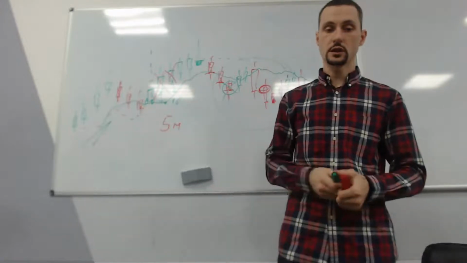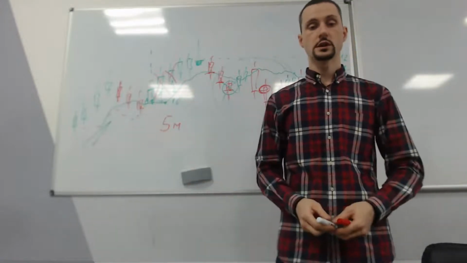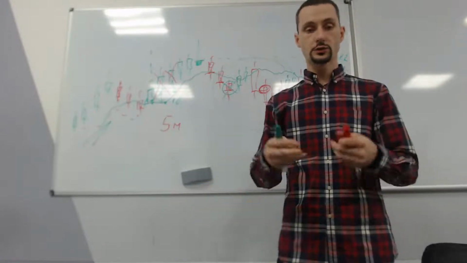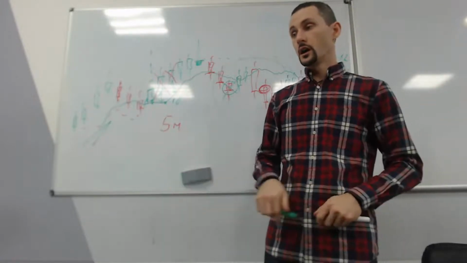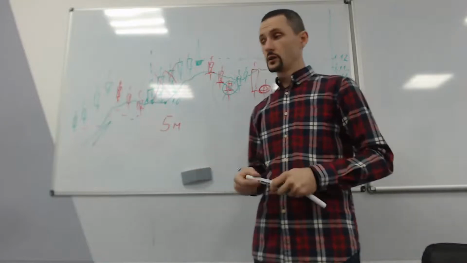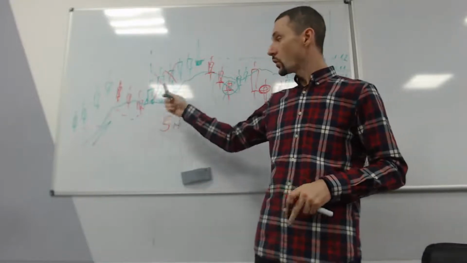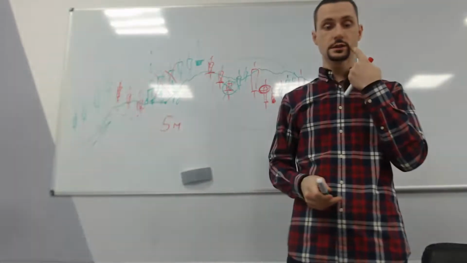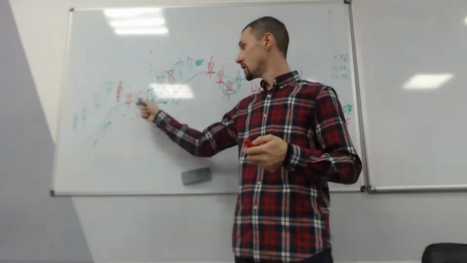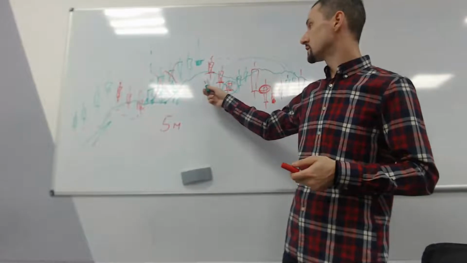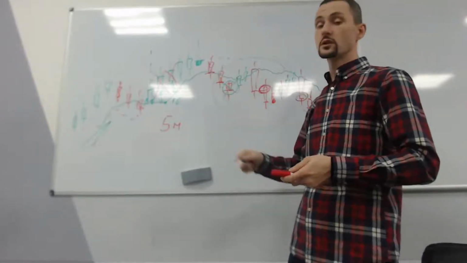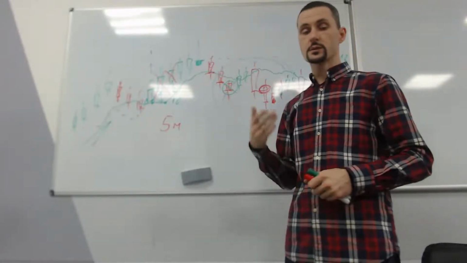It helps you understand where the trend ends and your trading time in the flat begins. But in general, the moving average helps to understand where to enter the deals on the rebounds and where to enter the deals with the breakthrough and reversal of the trend. These are the main signals.